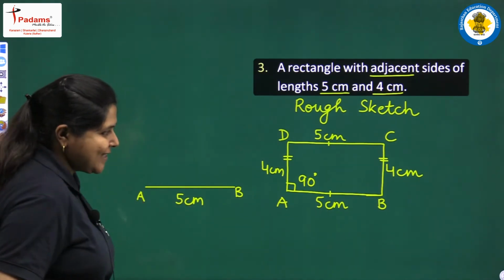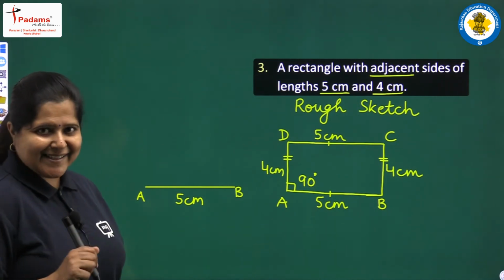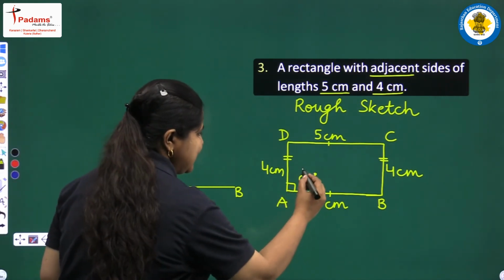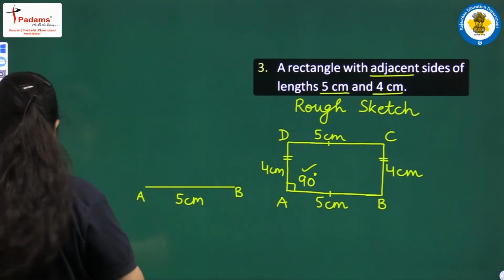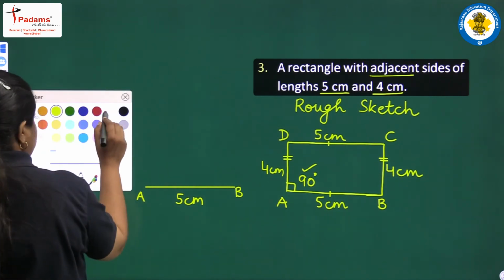What next? Just come up with the answer. Yes, we will construct 90-degree angle at point A. It is similar to that of a square.